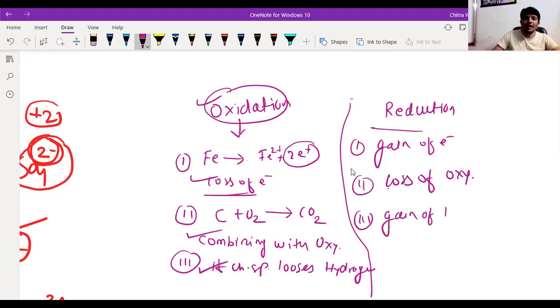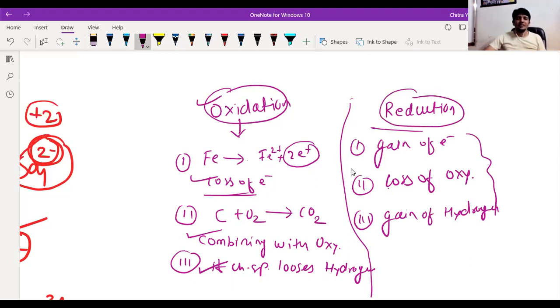If any one of these three conditions takes place, then it is a reduction reaction. Now understood, Himanshu? Yes, sir. Okay, any doubt till here?